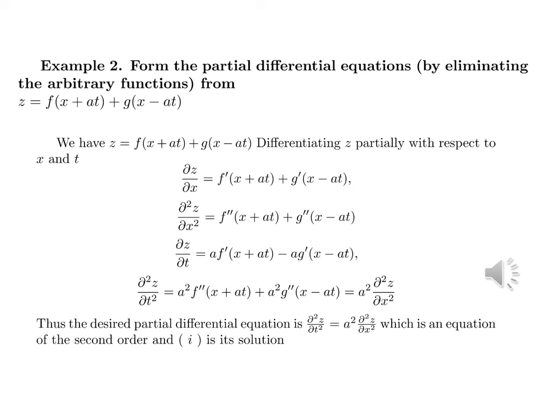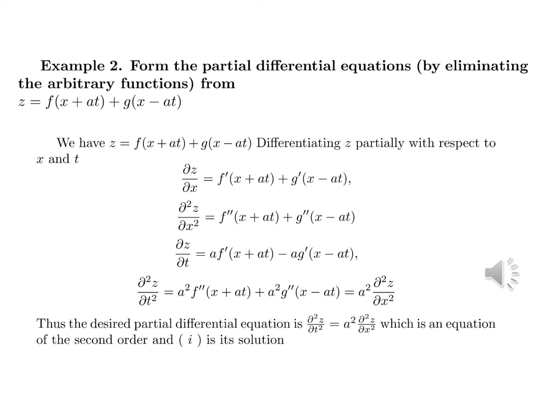Now you again differentiate with respect to t, that is the second partial derivative with respect to t. ∂²z/∂t² becomes a square into f double dash of x plus at plus a square into g double dash of x minus at. When you take a square outside, you get a square into f double dash of x plus at plus g double dash of x minus at.